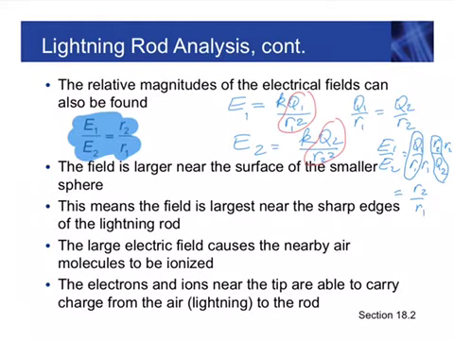A large electric field causes nearby air molecules to be ionized. That creates a path for lightning to go and hit the tip of a lightning rod. And so this way we created a path for lightning to go down to Earth and dissipate.